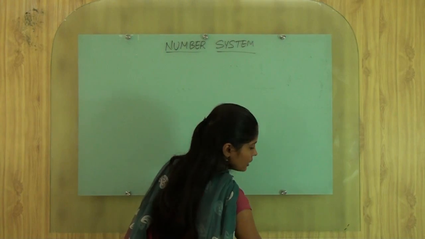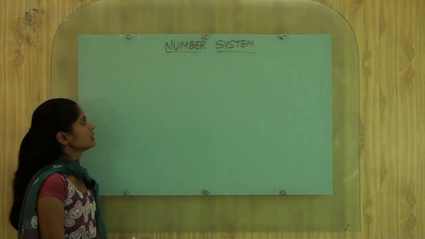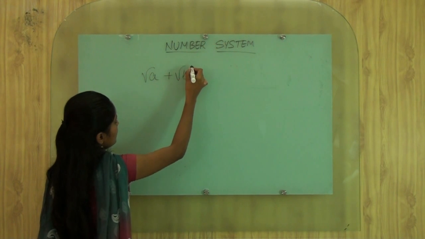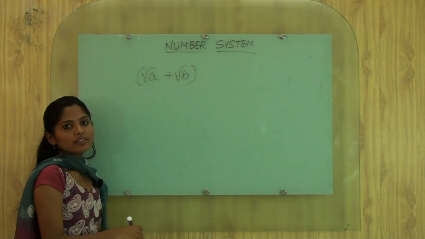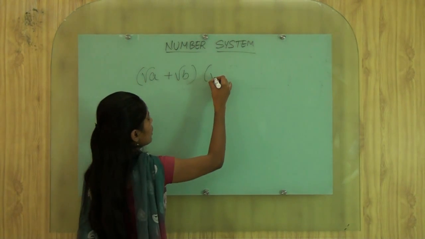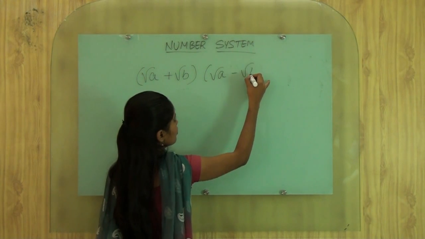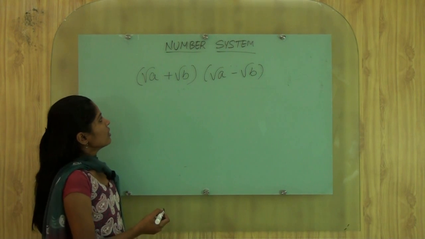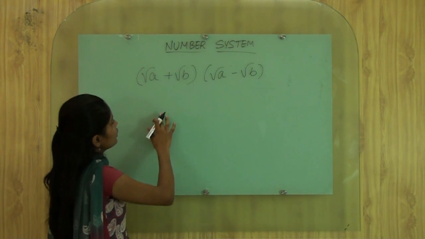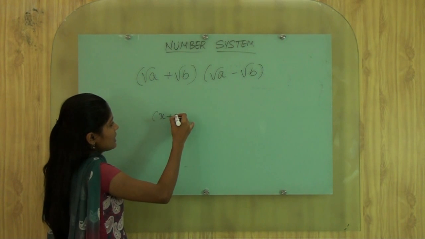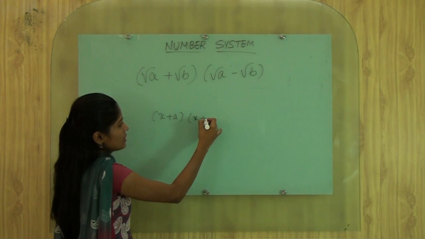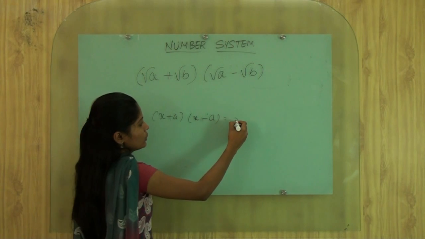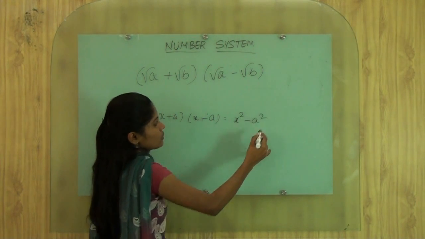Now consider some irrational numbers, root of a plus root of b. If you have one more number called root of a minus root of b, how do you simplify these two? You know that x plus a into x minus a is equal to x square minus a square.